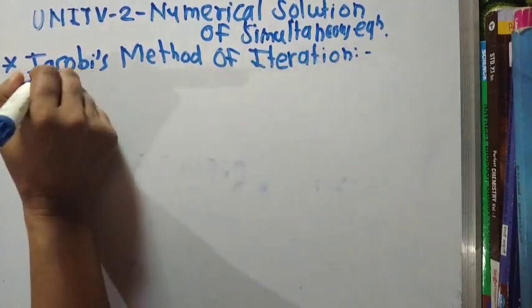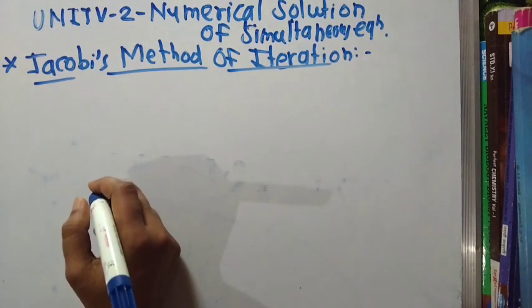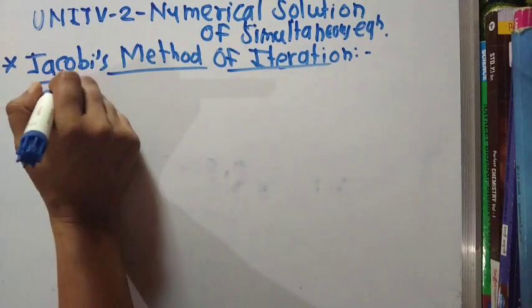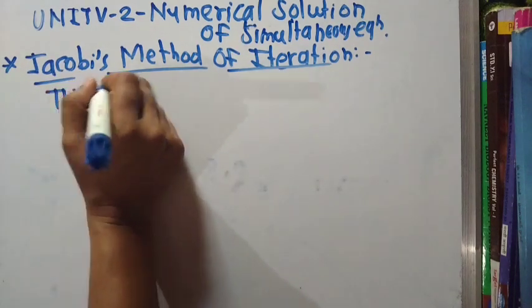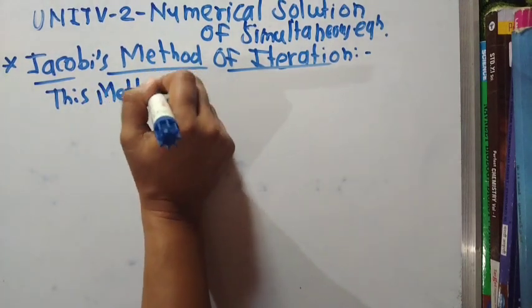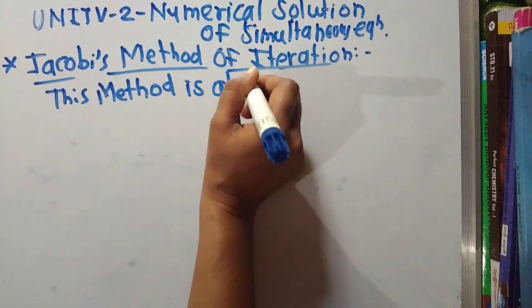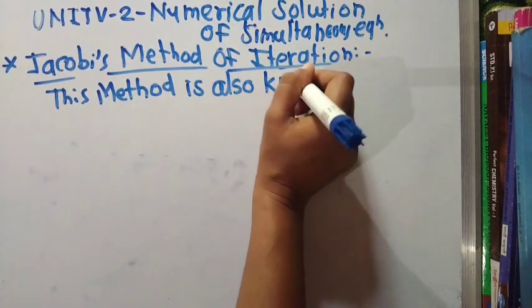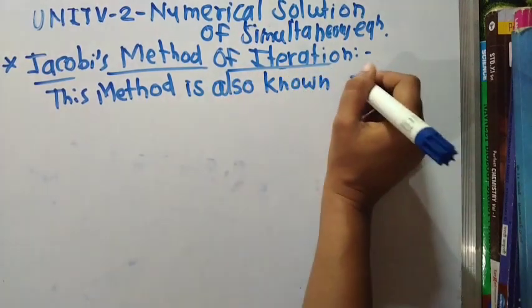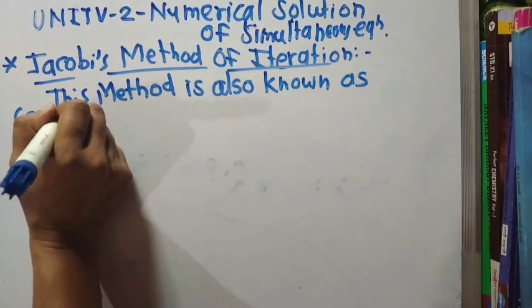Jacobi's method of iteration. This method is also known as the Gauss-Jacobi method.